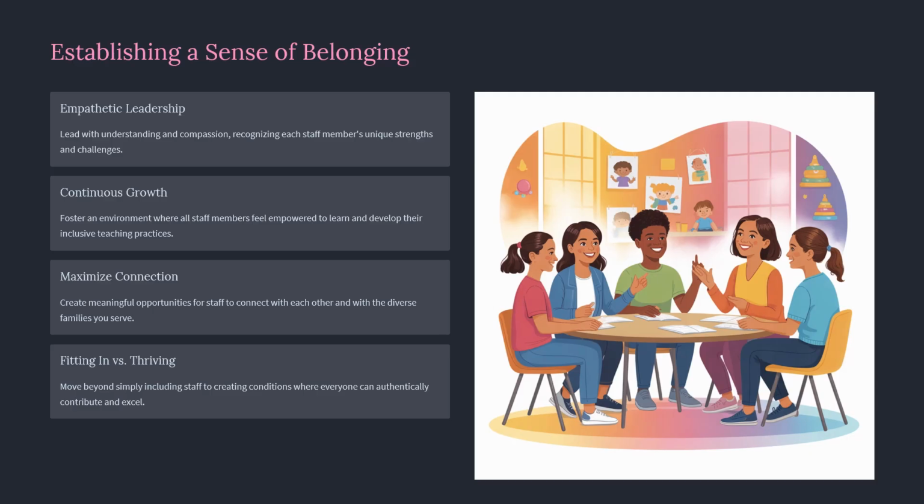Let's start with empathetic leadership. It's about leading with understanding and compassion, taking time to recognize each staff member's unique strengths and also the challenges they may be carrying. When leaders show empathy, they create a culture of safety and trust, where staff feel seen not just for what they do, but for who they are.